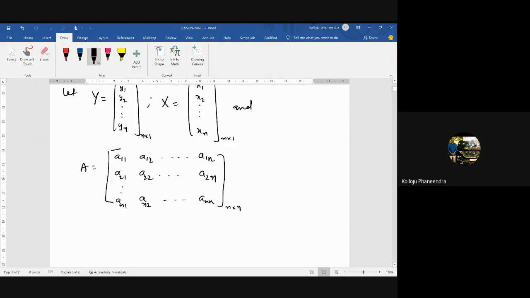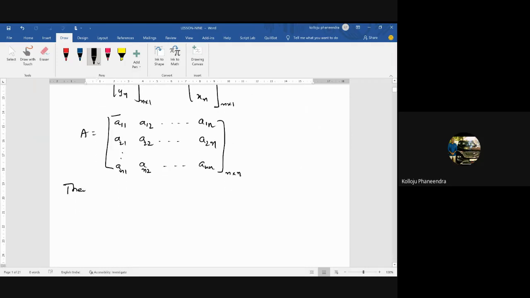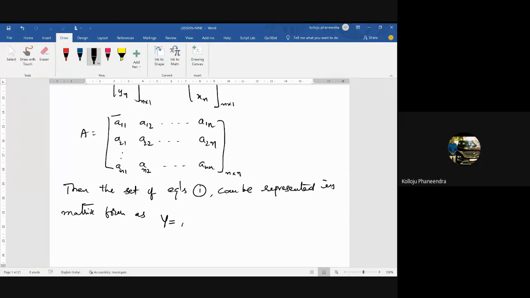Then the set of equations 1 can be represented in matrix form as Y equal to AX.